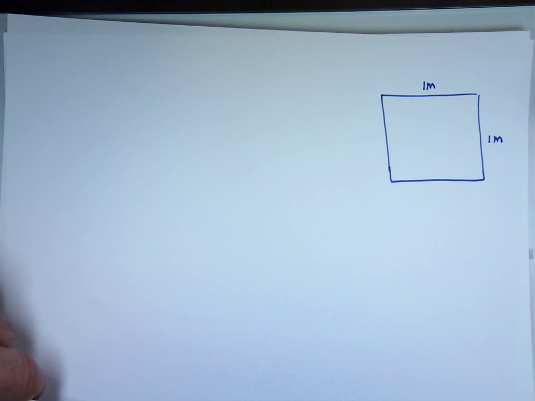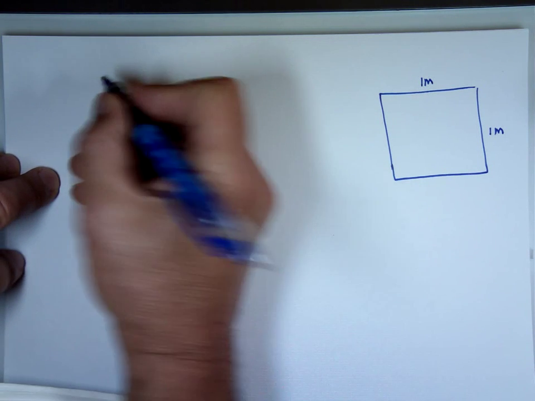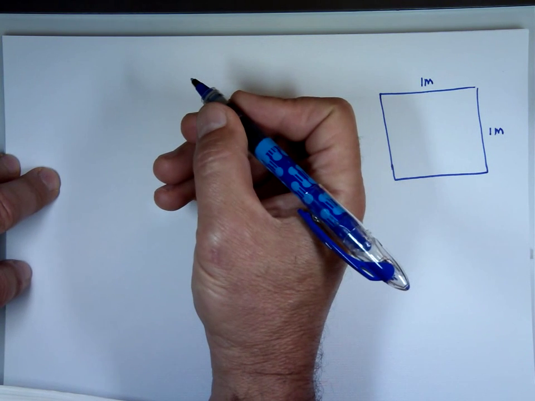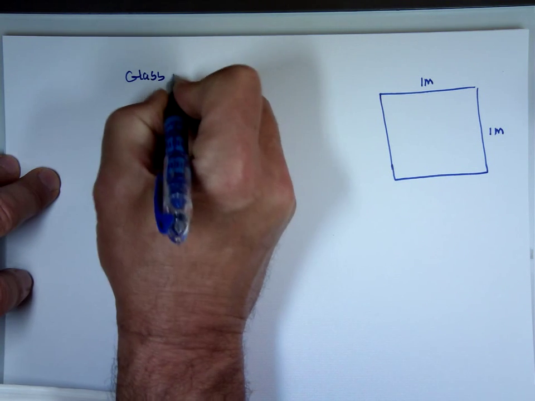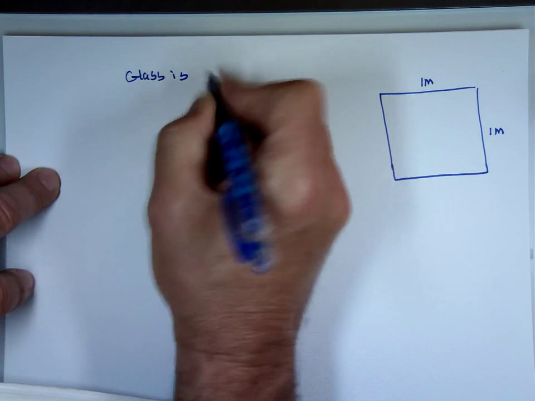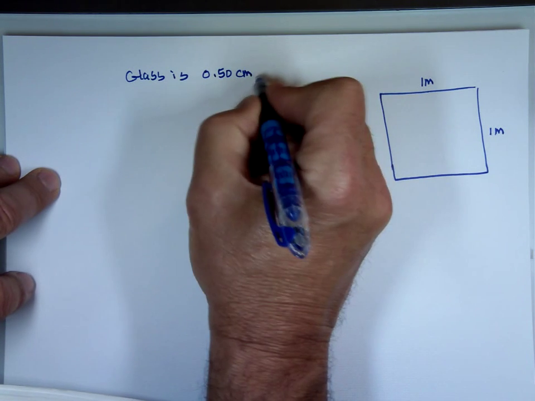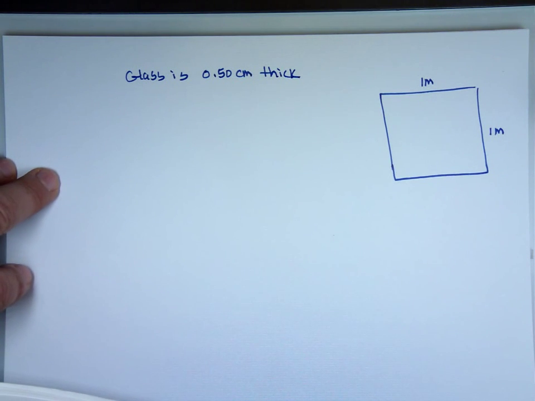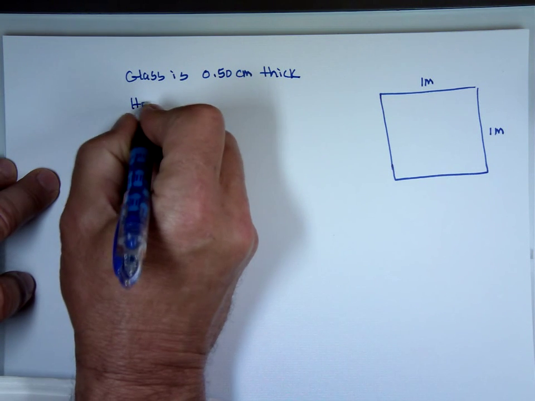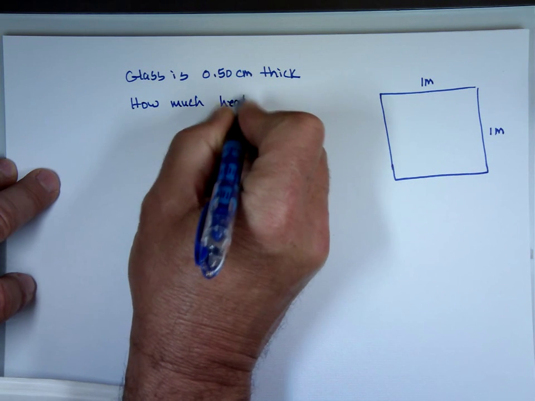And let's assume the glass thickness is 0.5 centimeter thick. How much heat is lost? That's the question. How much heat is lost?